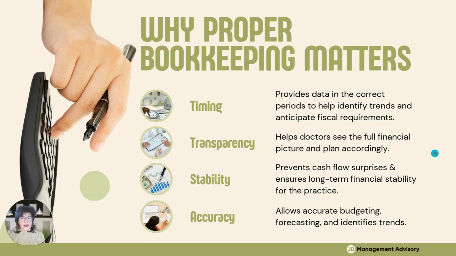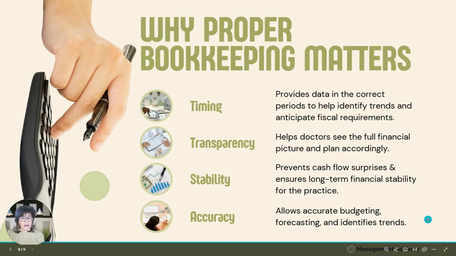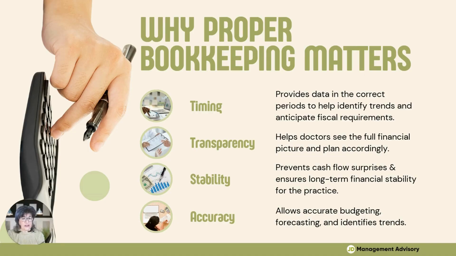It also provides transparency, an easy way for you as an owner to run reports very quickly and see where you are at any given time, regardless of whether it's hit your bank or not. It also ensures that you are looking at any surprises and any items that might be coming up that you need to anticipate. And again, it allows for accurate budgeting, forecasting, and identifying trends.